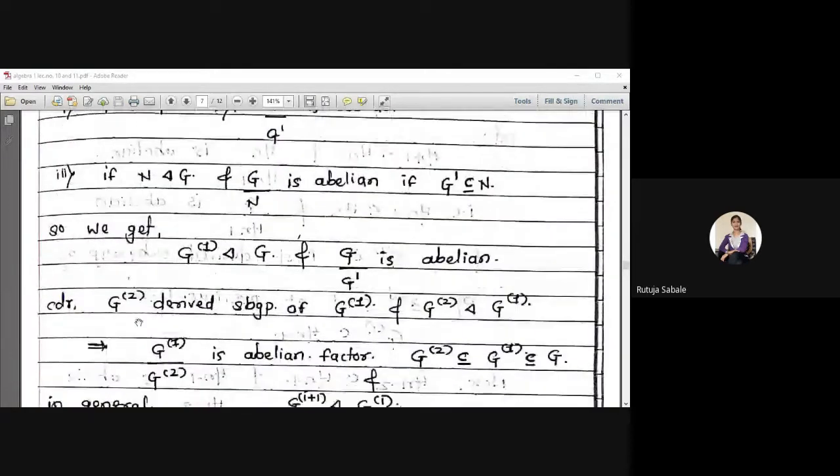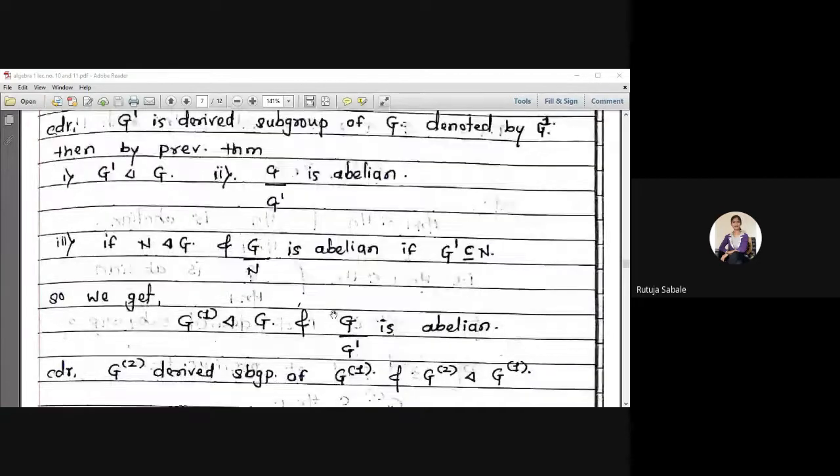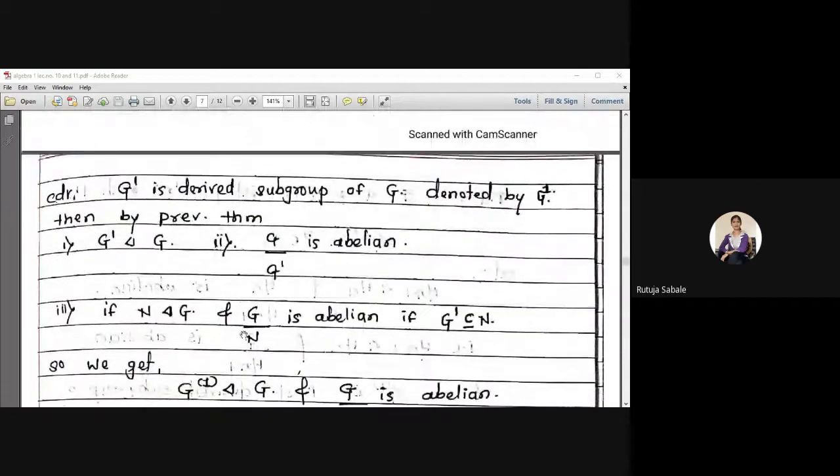Okay, do you understand? G2 is the derived subgroup of G1, which means G2 is contained in G1, which implies that N is normal in G. Hence G2 is normal in G. It is the if and only if statement, right? That is the if and only if statement, statement number 3 in the previous theorem.